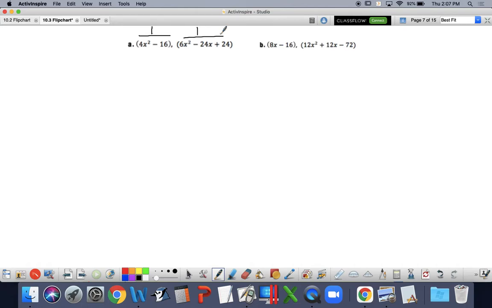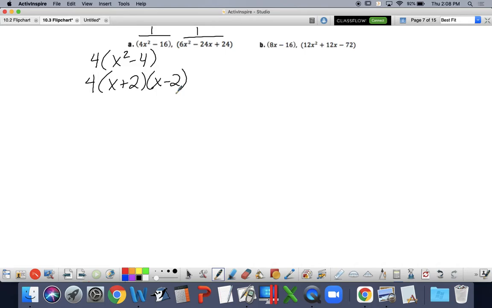So let's factor letter A. The first thing I do is take out my GCF, which is a 4, and I'm left with x squared minus 4. I then factor that down. So that first denominator is completely factored.